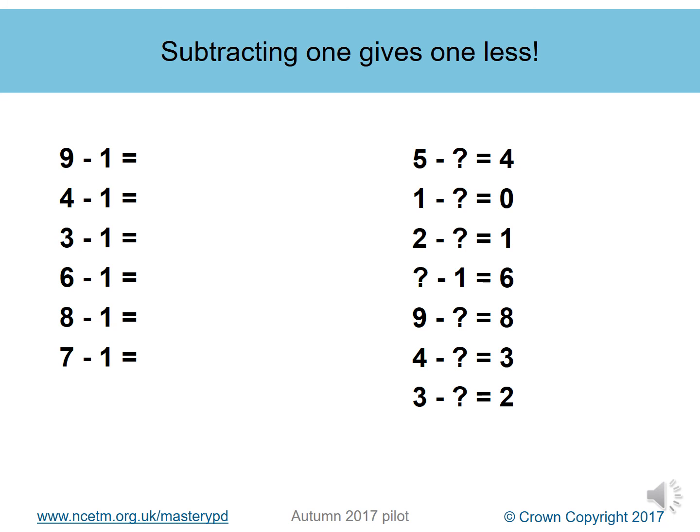So remember, the step is about 1 less, but it might not always be take away 1, because I might have thrown a couple of challenges in there just to get your minds thinking, whole class. So have a think about what number I take away 1 from to get to another number. If you pause the video and have a go at these, then once you've done it, play the video and the answers will come on the next slide.